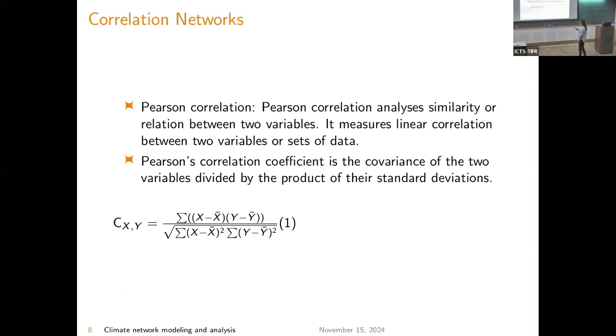So I was talking about a correlation network. You calculate a Pearson correlation, which gives the similarity between two variables. It measures the linear correlation between the two variables, or the sets of data at two different nodes.